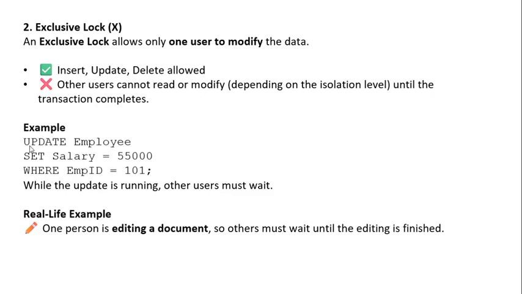An example: UPDATE employee SET salary = 55000 WHERE employee_id = 101; While the update is running, other users must wait. A real life example: one person is editing a document, so the others must wait until the editing is finished.